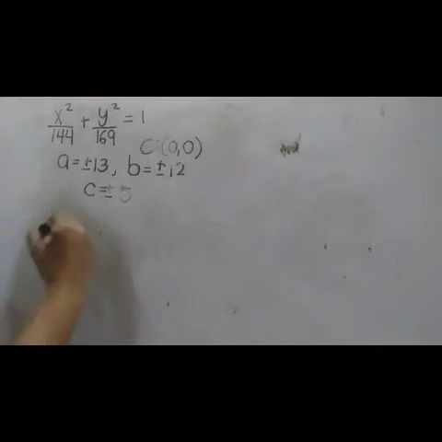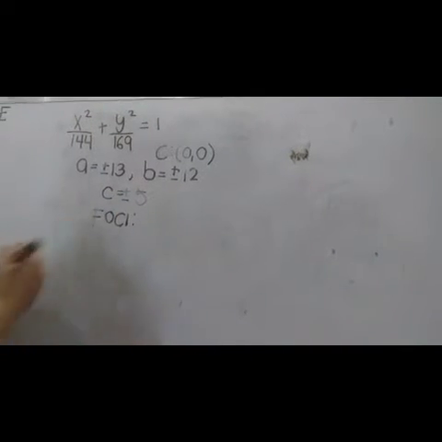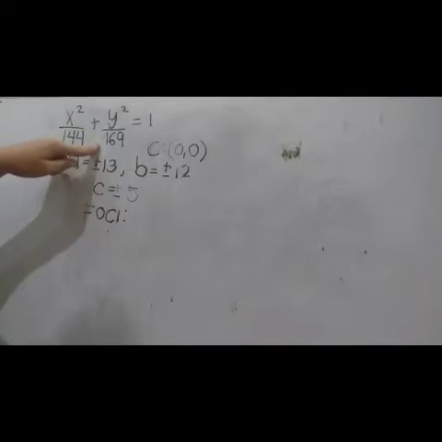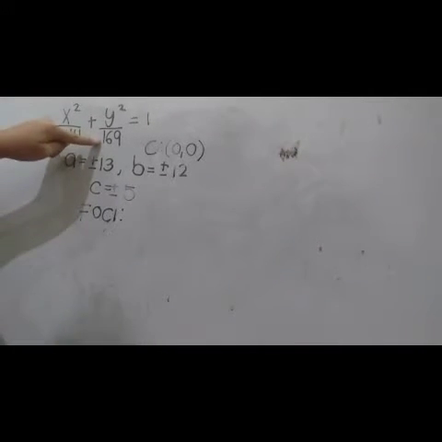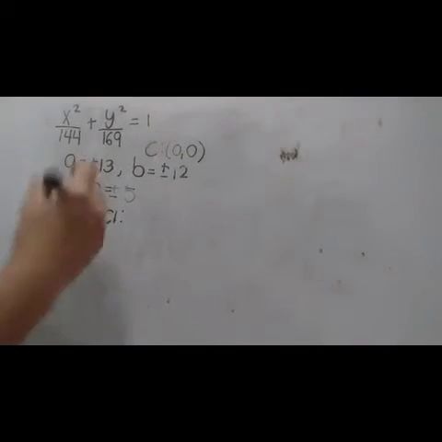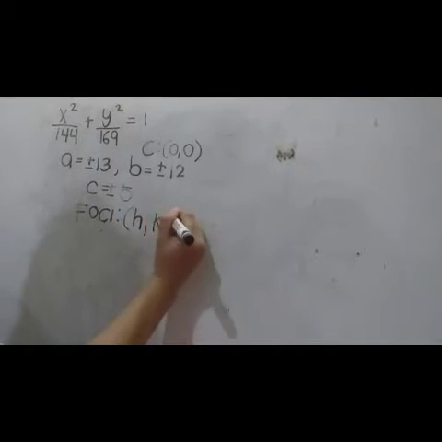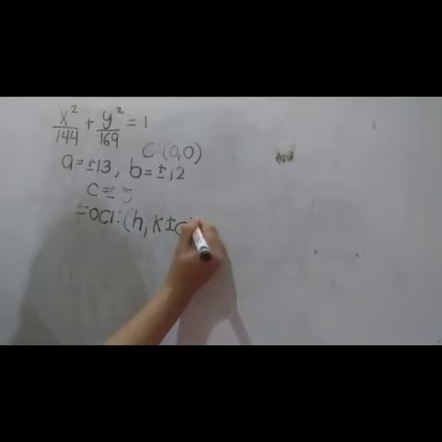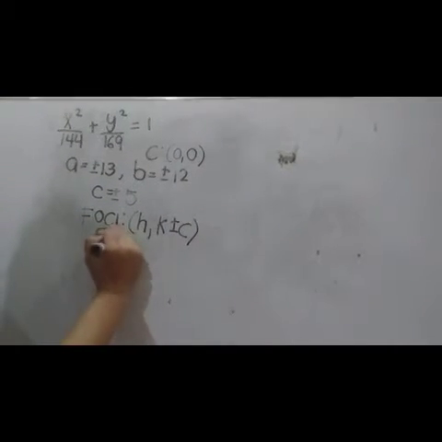Let's start with the foci. Since 169 is bigger than 144, 169 is located on the y-axis, or the vertical axis. So our foci will be H, K plus and minus C. Now we have to calculate it.